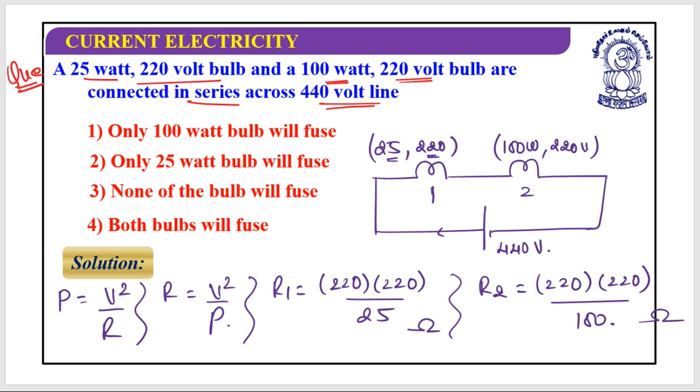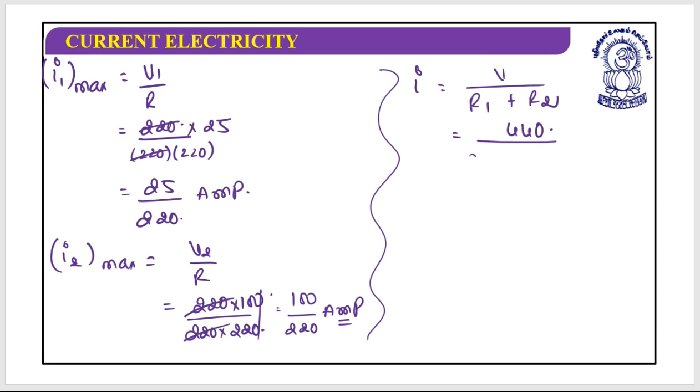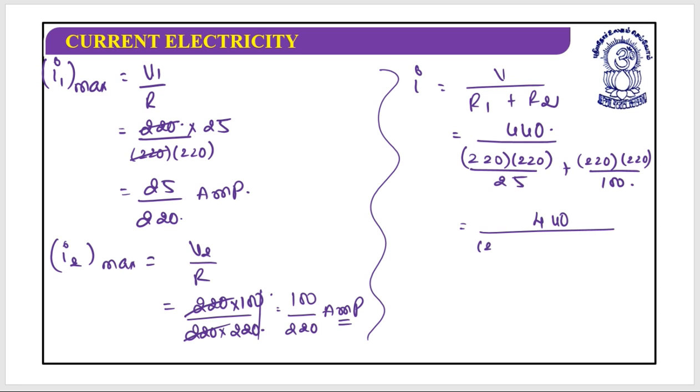The first resistance is 220 into 220 divided by 25, plus 220 into 220 divided by 100. So this could be written as 440 divided by 220 square into 1 by 25 plus 1 by 100. So this could be written as 4 by 100 plus 1 by 100.